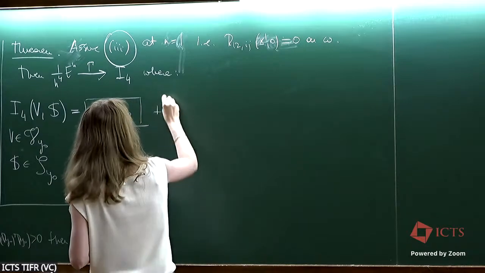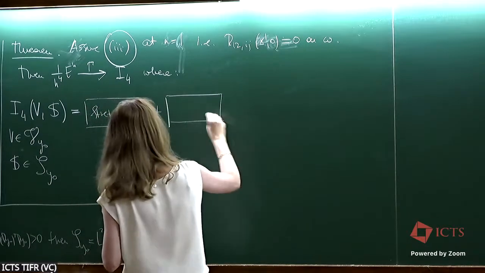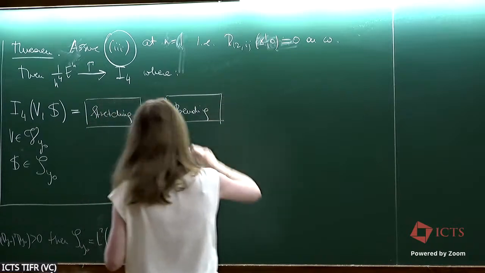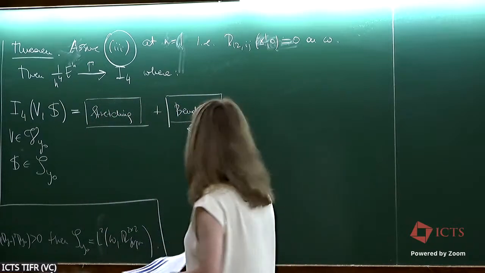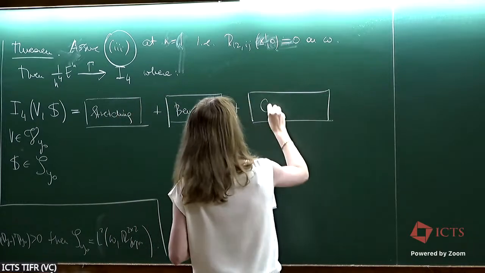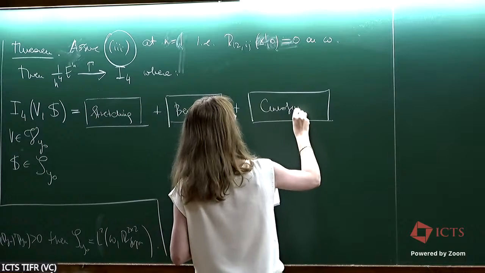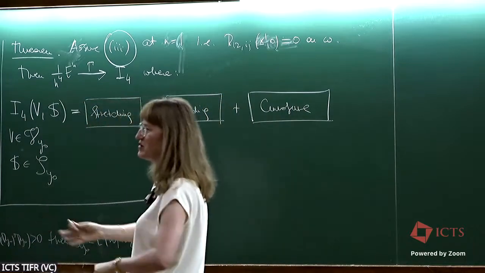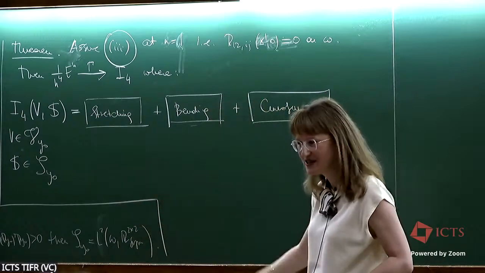There will be bending, whatever that is. And there is a third term, curvature term. The stretching and bending are computed out of V and S, and of course appropriately relative to the metric and everything.